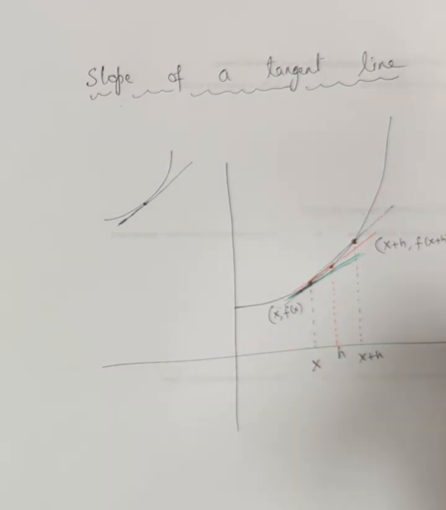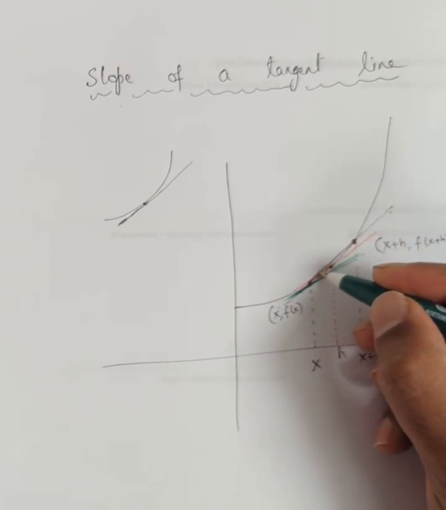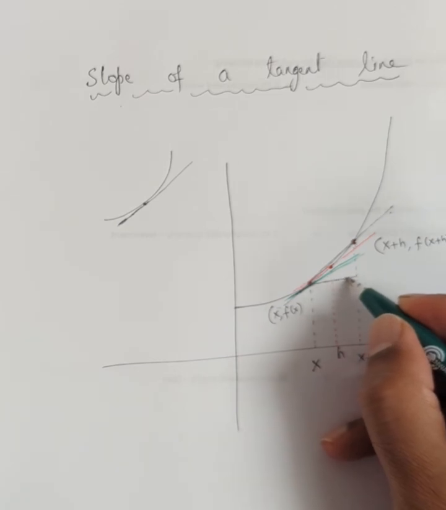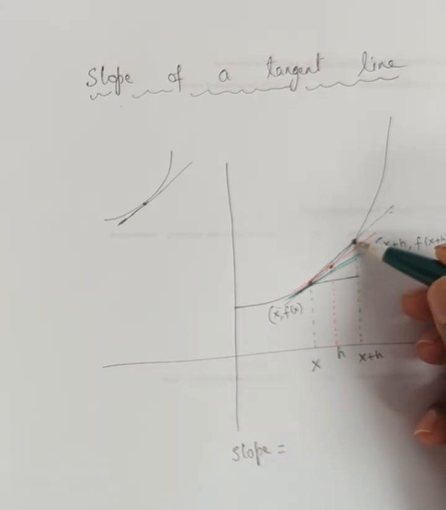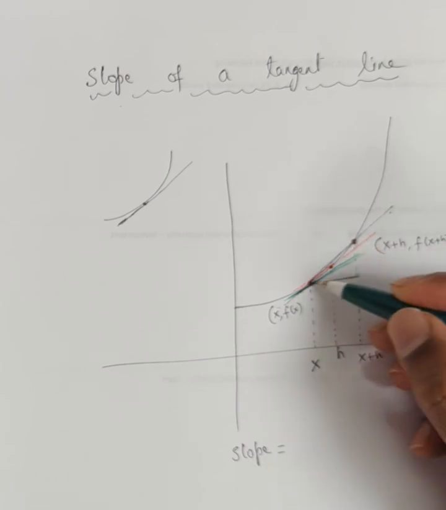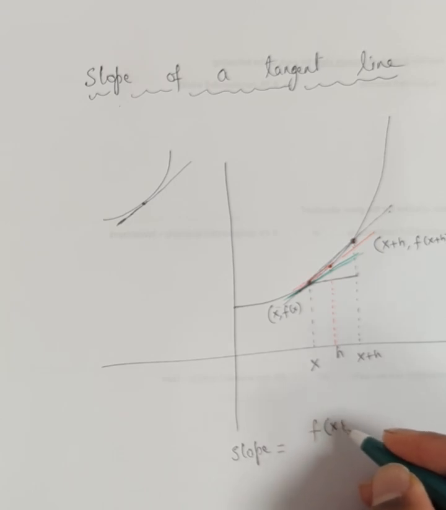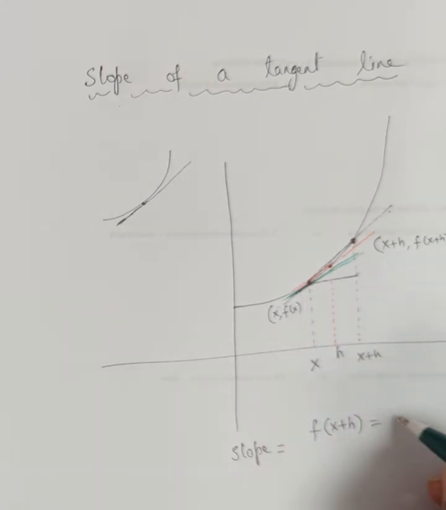So let's focus on that black secant line. And what is its slope? Well, I'm going to use the slope formula. Slope of the black line is y2 minus y1, or rise over run, and this distance is f of x plus h, and this distance is f of x.